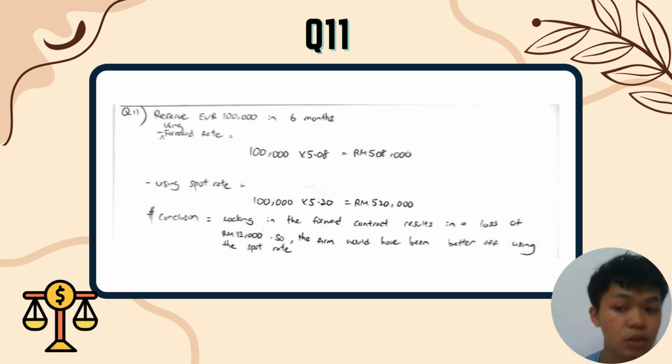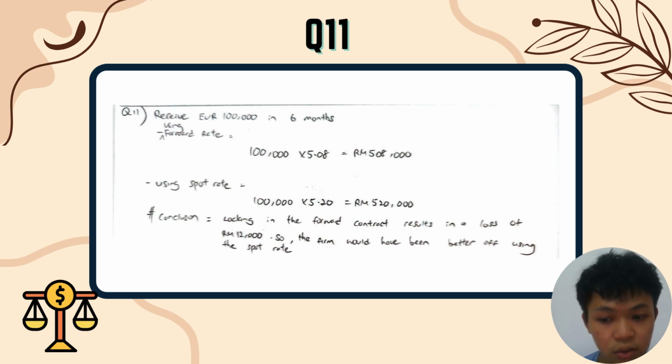Step 1, we calculate the RM proceeds using the forward contract: 100,000 multiplied by 5.08, so the answer is RM 508,000. If we use the spot rate, 100,000 multiplied by 5.2 is equal to 520,000.